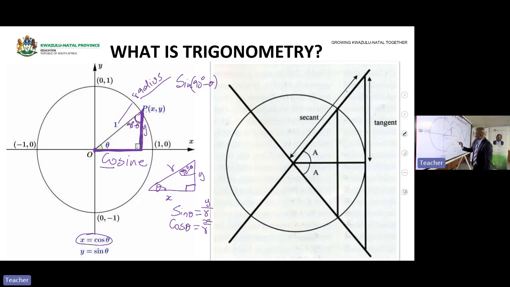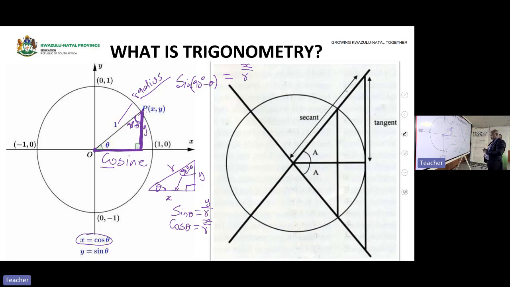So sine of 90 minus theta will be this side, which is opposite to the given angle, and our given angle here is 90 minus theta. So sine of 90 minus theta will be x over r.